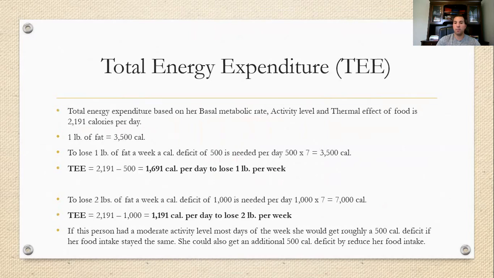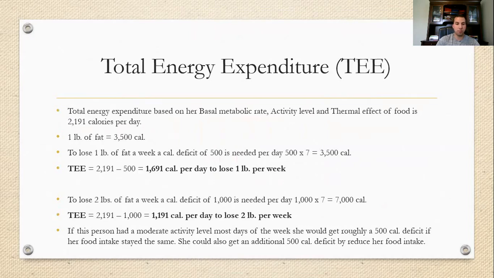So 500 times 7 days in that week will be 3,500 calories burned or expended at the end of that week. So you have your T, 2191 in this example. To find the deficit, minus 500 per day. So now the new number is actually 1691 per day for that individual that we use in this example to lose 1 pound per week.